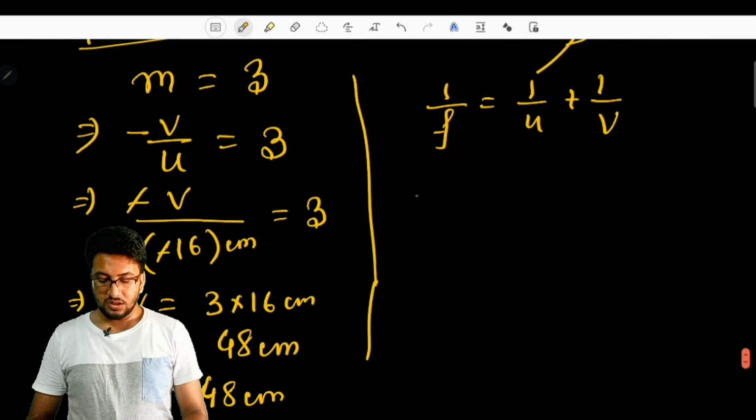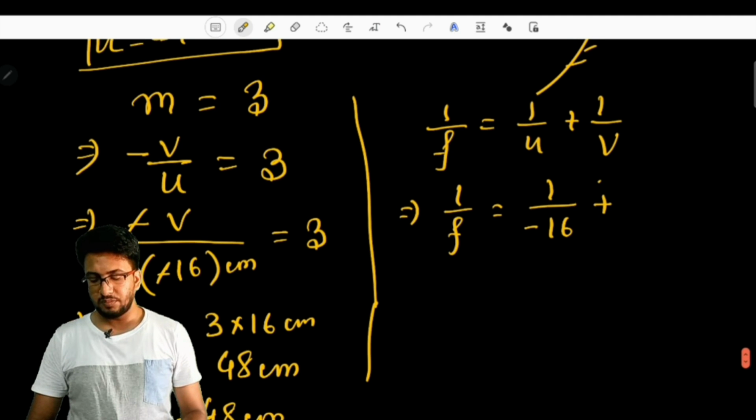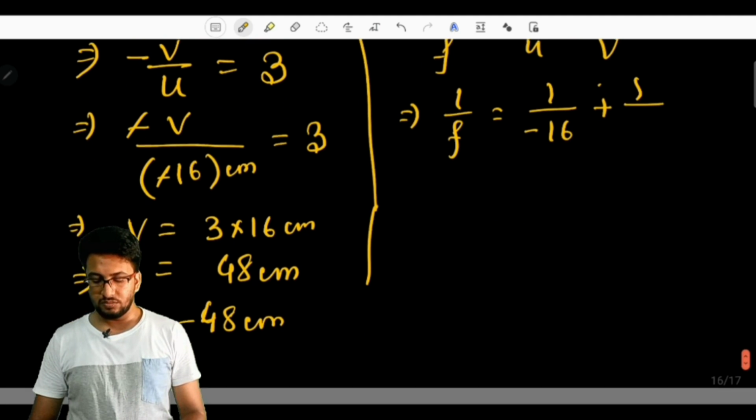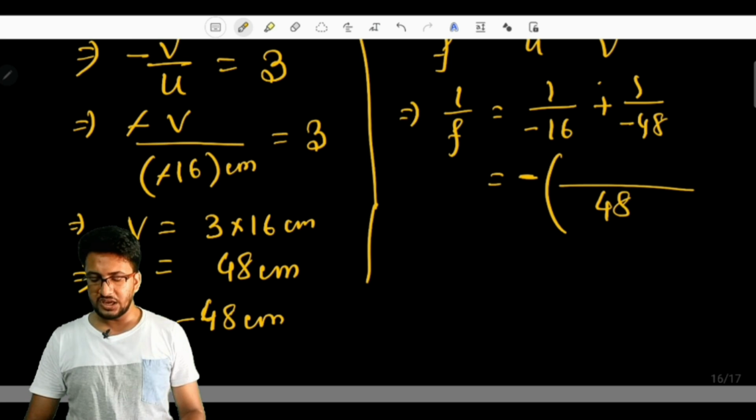Fine. So on putting the values of u and v as per sign convention, 1 by f is equal to 1 by minus 16 plus 1 by v, where v stands for minus 48. The minus is maintained suitably, minus taken common, so it is 48 and upside it will be 3, because 16 is there.